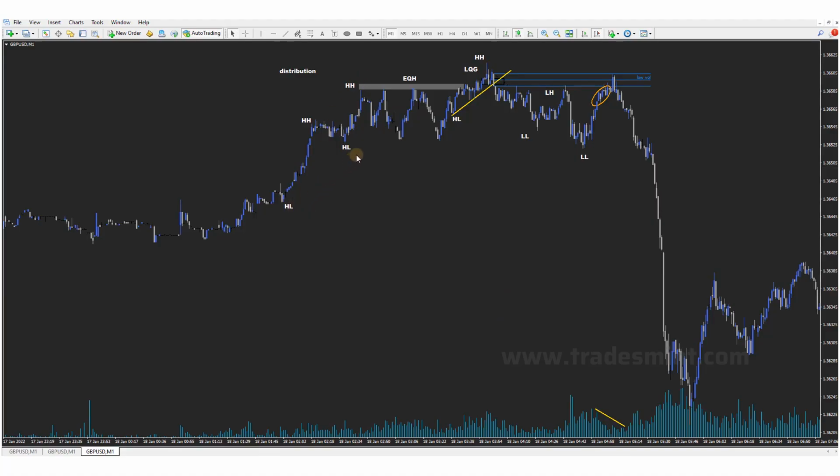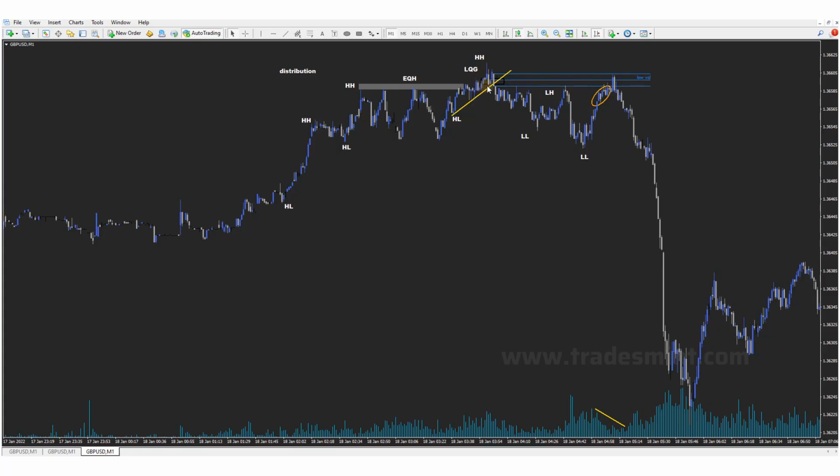So price was going up, yes, higher low, higher high, higher low, higher high, and finally went to the supply. So we can say that this is probably a chance of distribution, that sellers are preparing for a sell. They push the price higher to get a better price, and then broke the structure.